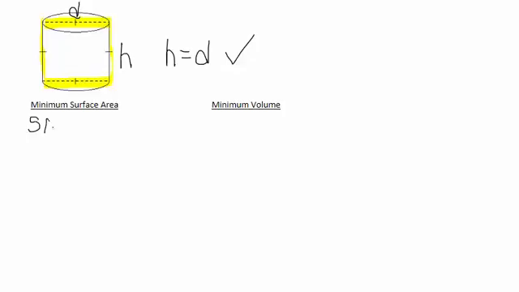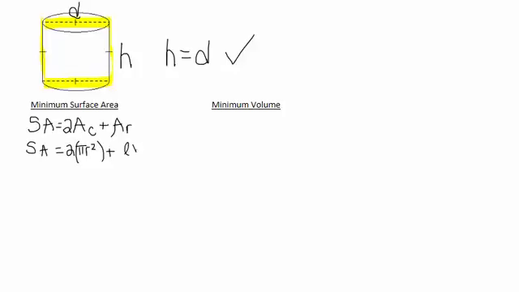Surface area is equal to 2 areas of a circle plus the area of one rectangle. And we know that the area of a circle is pi r squared and the area of a rectangle is length times width.